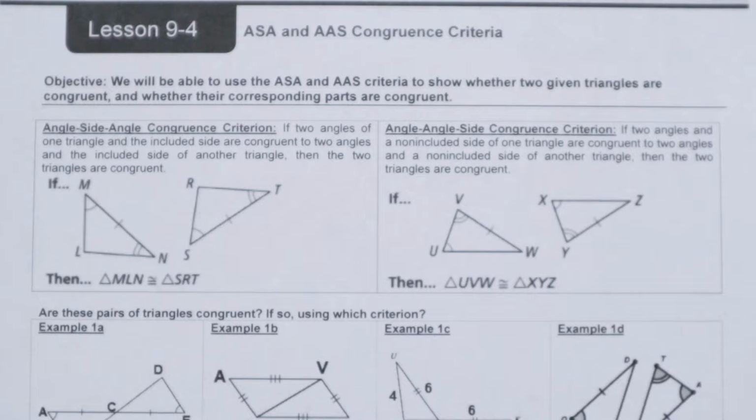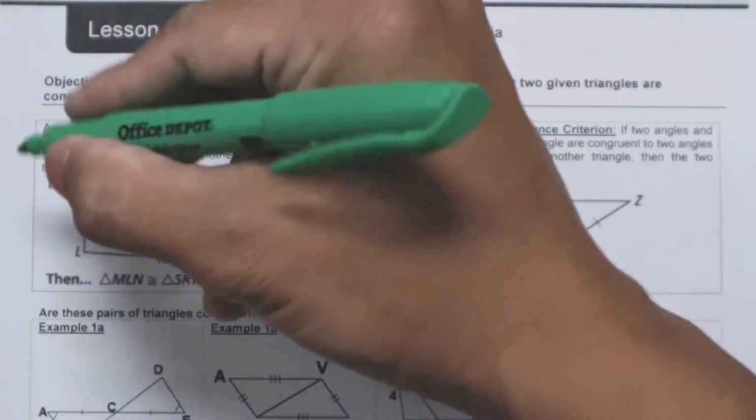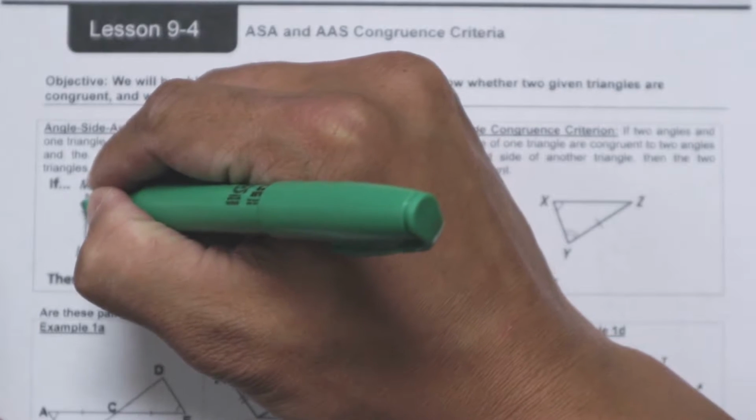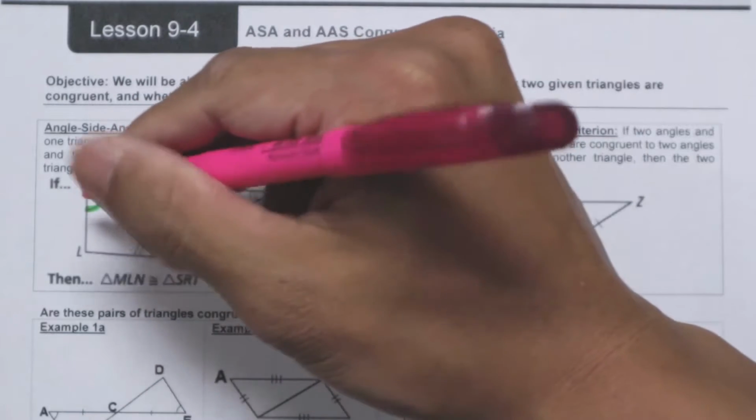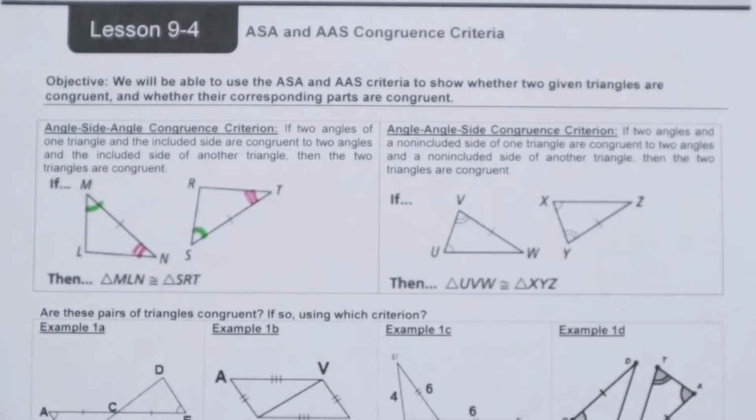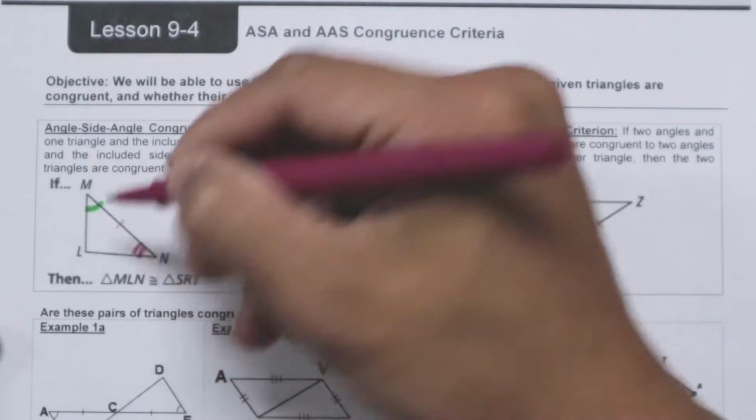It says that if you have 2 pairs of angles, we're going to highlight them in colors. Let's say this one is in green. So if you have 1 pair of angles being congruent, or having the same degree measure, and if you have another pair, the second pair of angles, having the same measure, as well as a side in between.